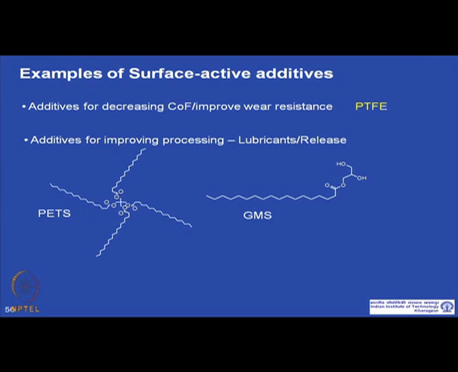These are examples of a few mold release agents. As I said, they have a long hydrophobic tail, and because of this they migrate to the surface and form a lubricating layer, which helps release of the polymer article from the mold.